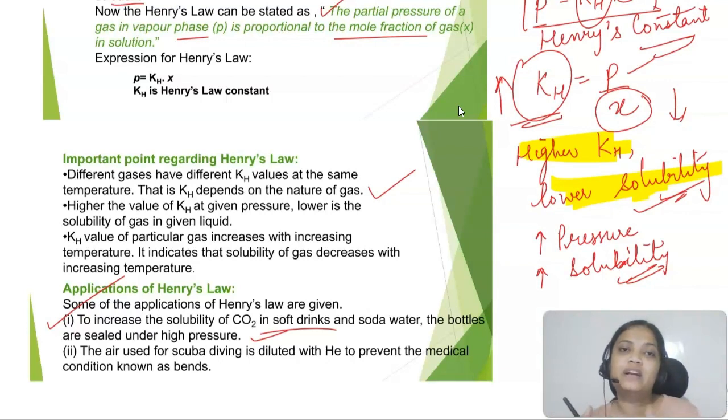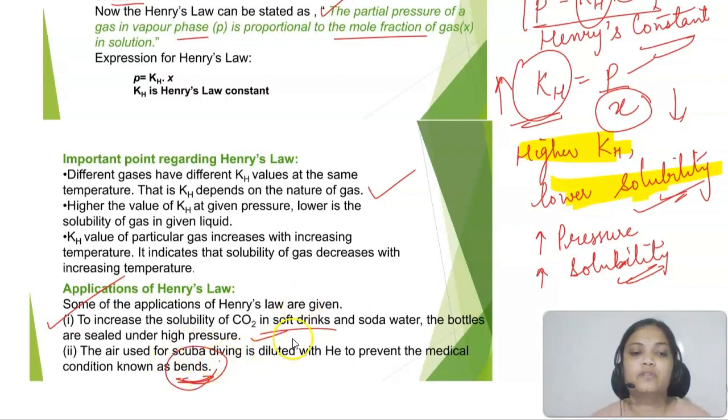Now when they come to the surface, those gases will try to come out. That will create a very painful condition which is known as bends. That can rupture the blood vessels as well, because a lot of gases get dissolved in our blood at high pressure. That's why the air used for scuba diving, in the cylinders they take, is diluted with helium gas to prevent this condition.